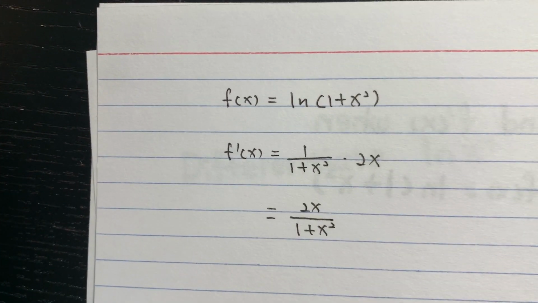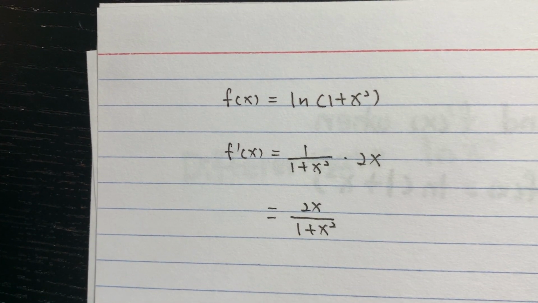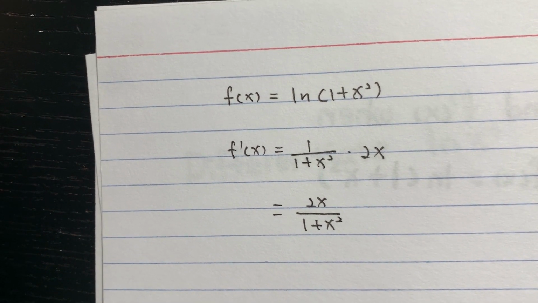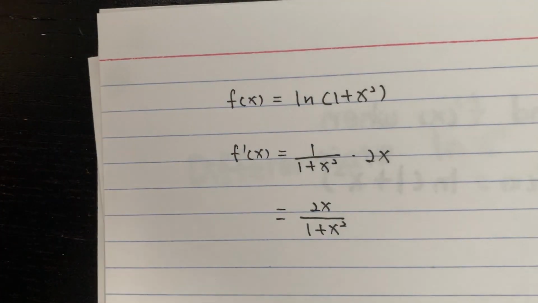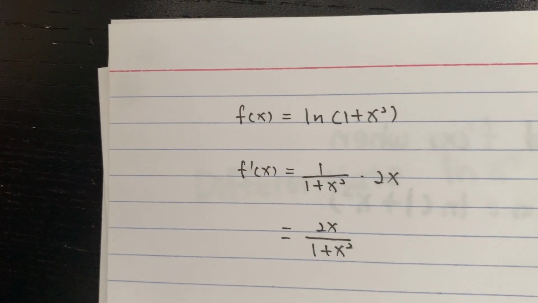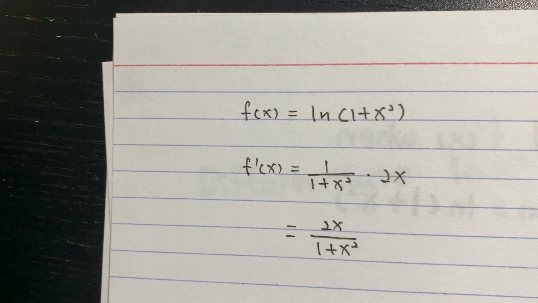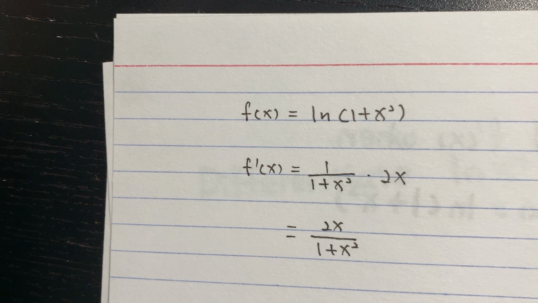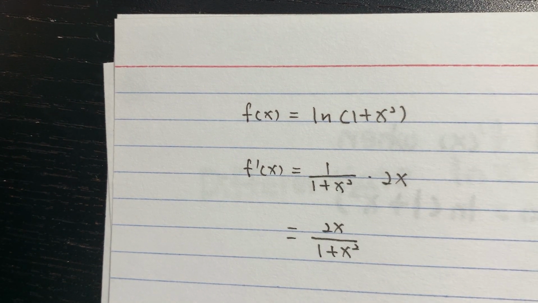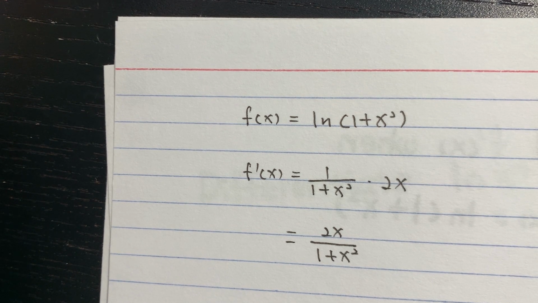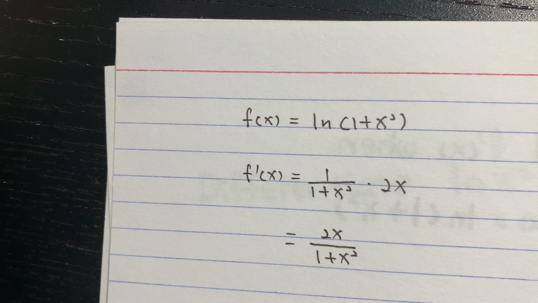So in this case, you have the function ln of 1 plus x squared, and we all know from the formula that ln of something is a logarithmic function, and the derivative of that function will be 1 over that something. So we have that, but again, you have to apply the chain rule here.